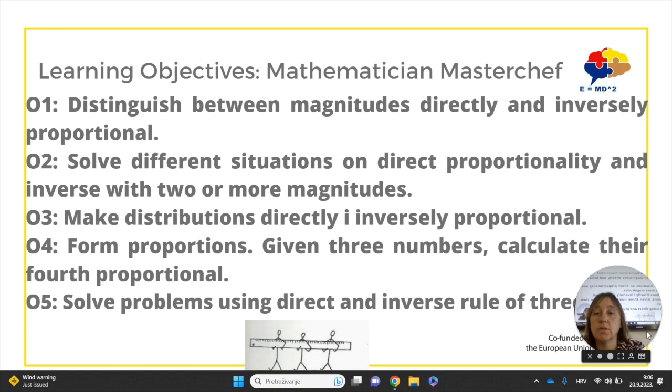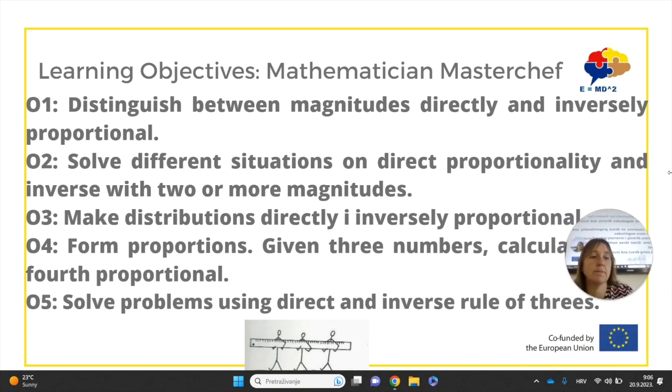Objective 2 is to solve different situations of direct and inverse proportionality with 2 or more magnitudes. Objective 3 is to make distributions directly and inversely proportional. Objective 4: form proportions, given 3 numbers, and calculate the fourth proportional. And objective 5 is to solve problems using the direct and inverse rule of three.